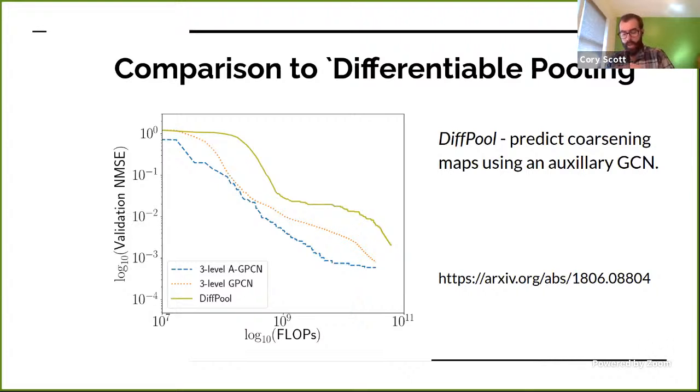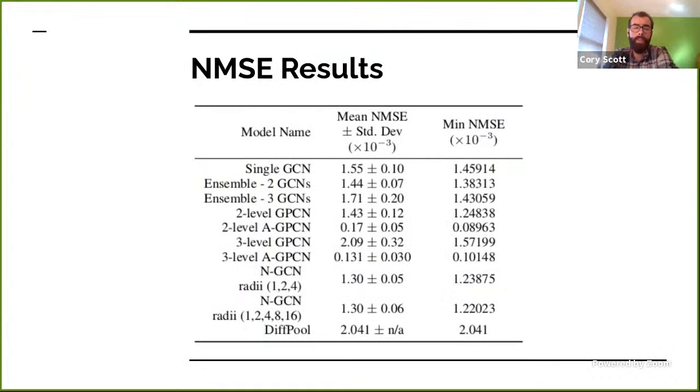When we initialize them with these projection matrices that are optimized to be the best matrices for diffusion distance, we get this speed up right out of the gate. We don't need an auxiliary neural network to predict the projection maps. And so here are the results for all the methods that I've mentioned.